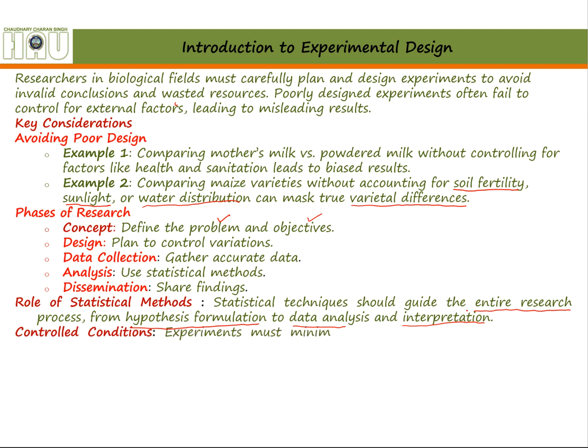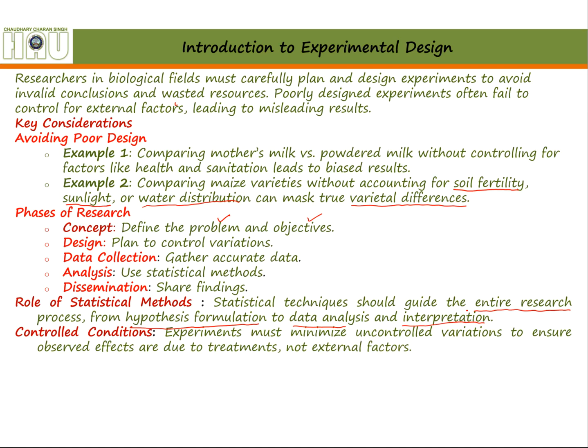Controlled conditions means your experiment must minimize uncontrolled variation to ensure observed effects are due to treatment, not due to external factors. There are two types of variation available in the data: the variation which a human can control, and the variation which is beyond our control.